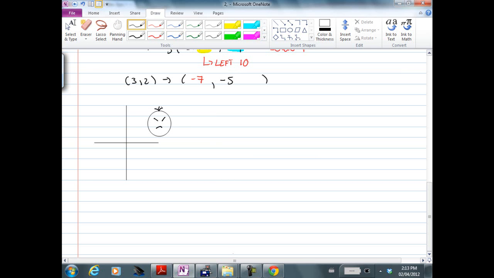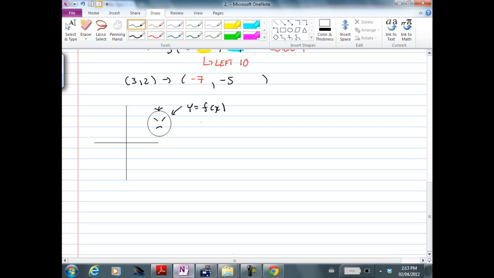And this is a girl. Y equals f of x. Can't tell you who I'm drawing, but you can probably guess.